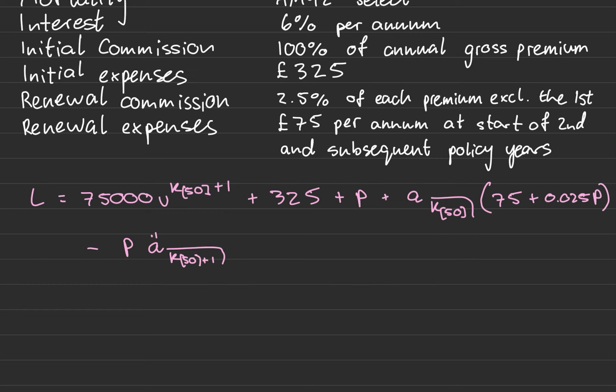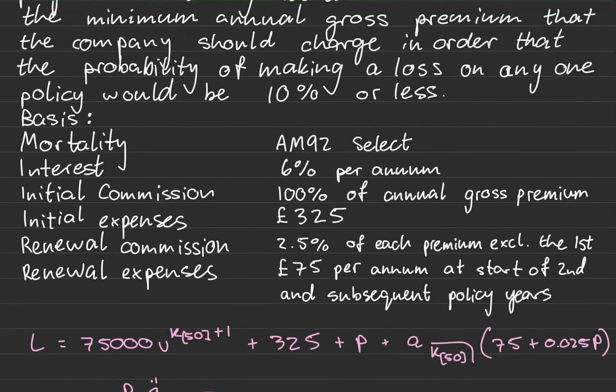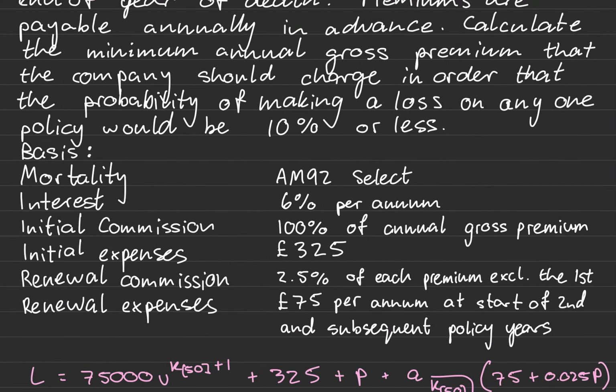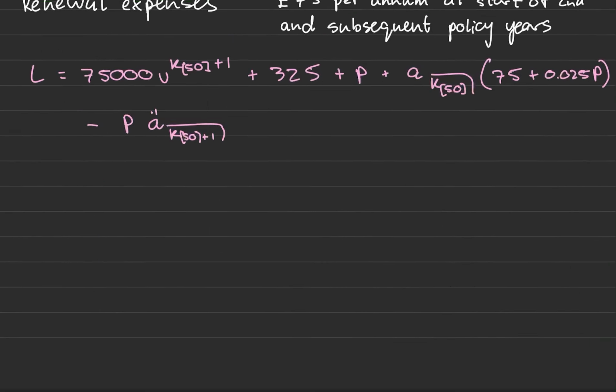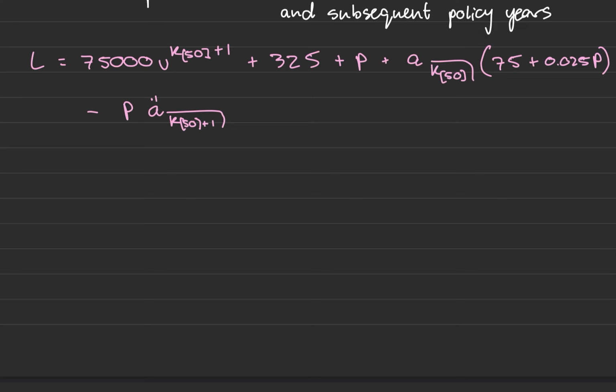That's just the first step done. Now we move to the second step. The question was asking us to calculate the minimum annual gross premium that the company should charge so that the probability of making a loss on any one policy would be 10% or less. So what I'm interested in here, this is step 2, is the probability that this loss random variable is greater than 0.